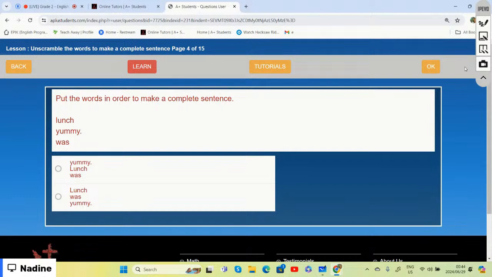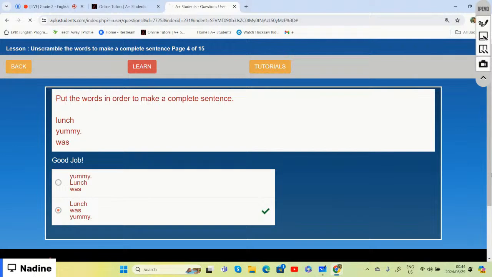All right, so if we choose the correct one, we will choose option two, which is lunch was yummy. Starts with a capital letter and it ends with a period. Lunch was yummy. So well done. Option two is correct.